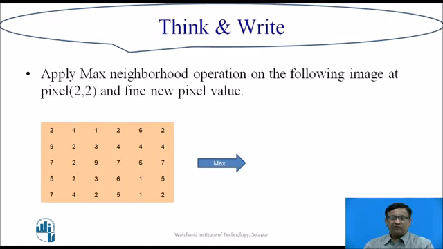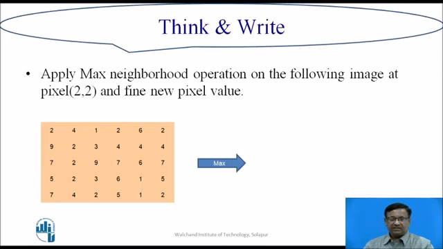Now there is time to think and write. Apply the max neighborhood operation on the following image at the center pixel value of 2 and find the new pixel value. For applying, use a 3 by 3 matrix where the center pixel is 2.